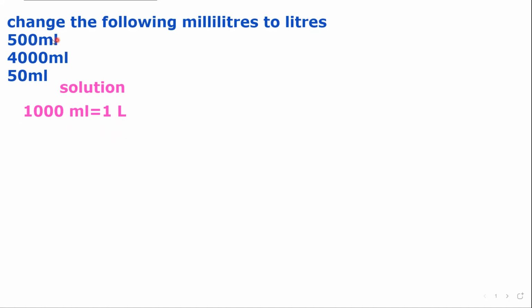So after stating the standard, you record the 500 mils under the area of the mils, and then you represent the unknown by a letter because you don't know the value. Good. Always state the standard first, and then you start recording under each area of mils or of liters.